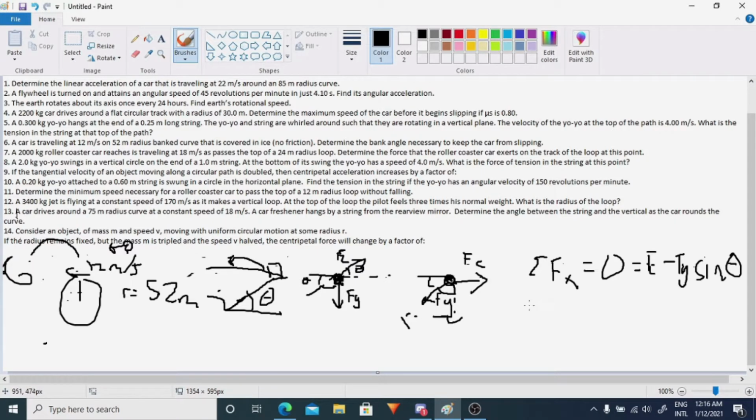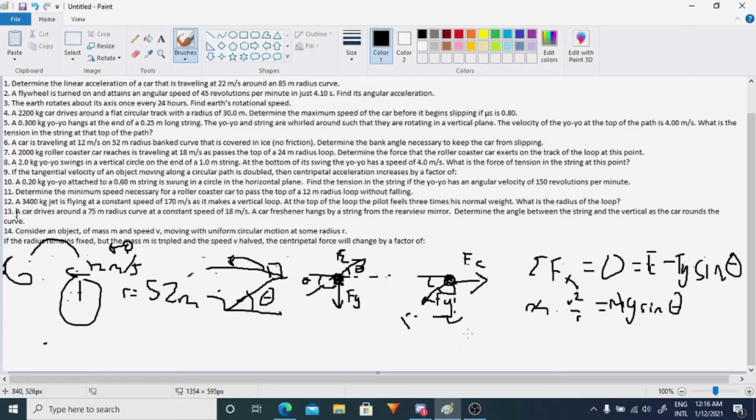Now we can set them equal to each other, so it's going to be m times a_c, which once again is v squared over r, equals mg sine theta. The m's cancel out.